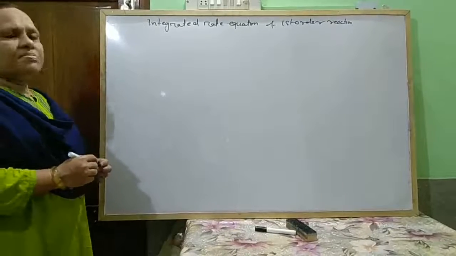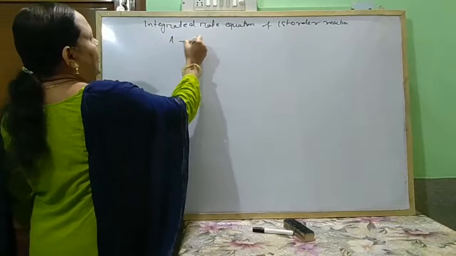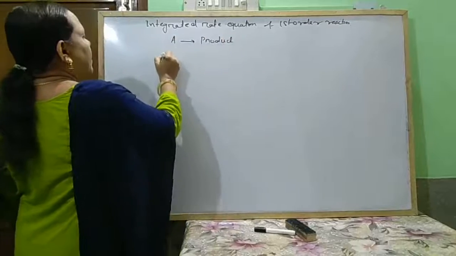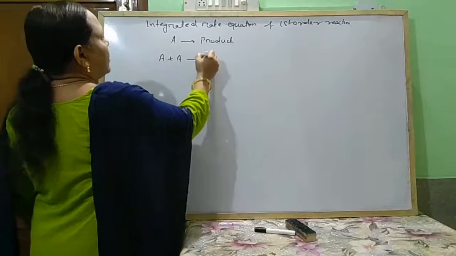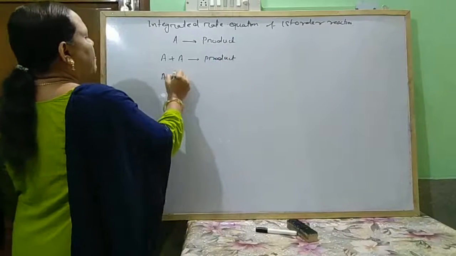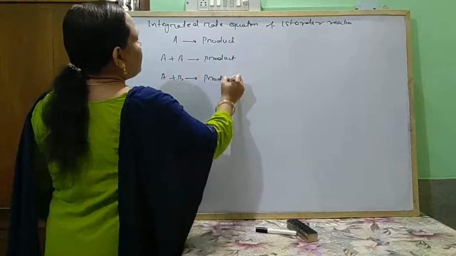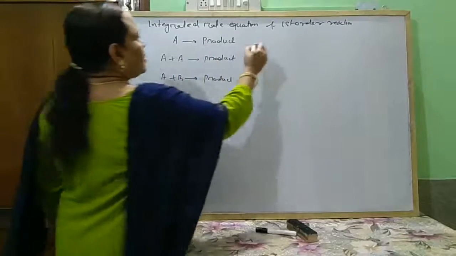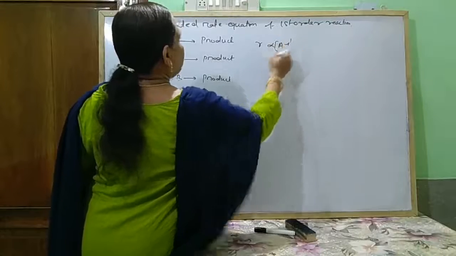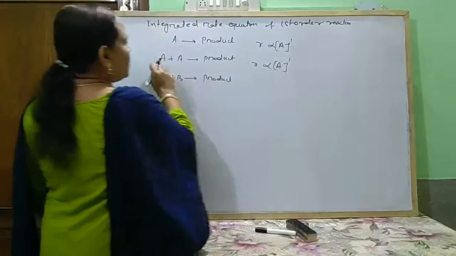This can be represented in various ways. Suppose it's given A gives rise to product, or A plus A gives rise to product, or A plus B gives rise to product. Different equations are given, but in each case the rate is proportional to A to the power 1.